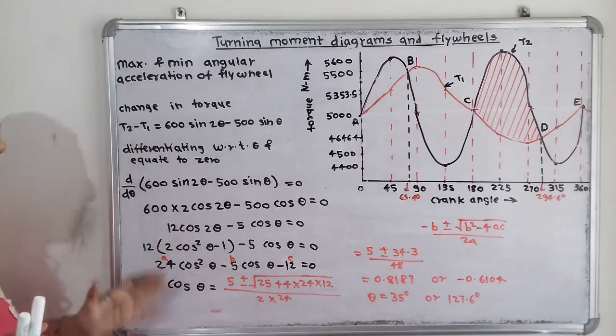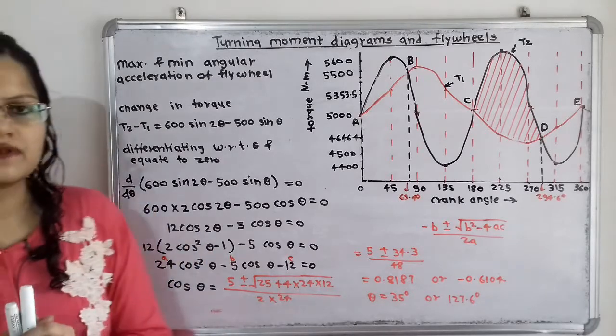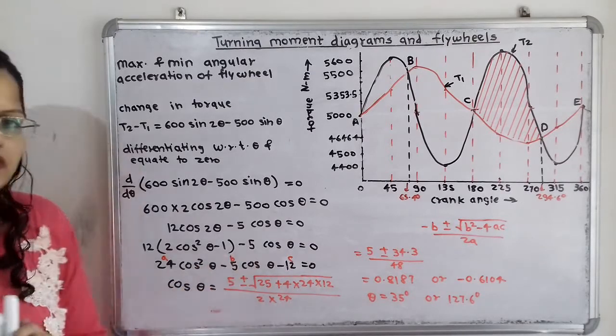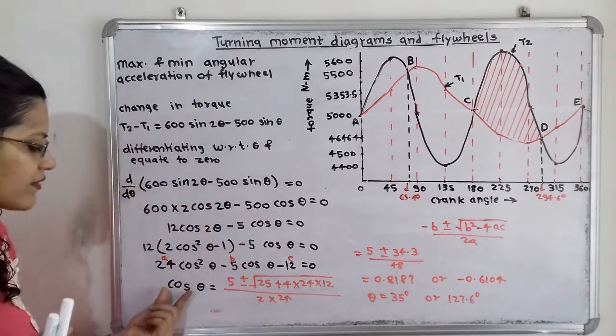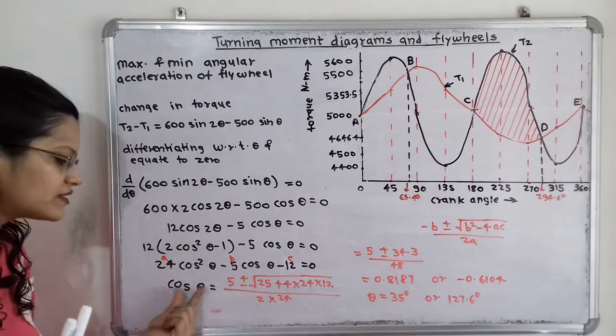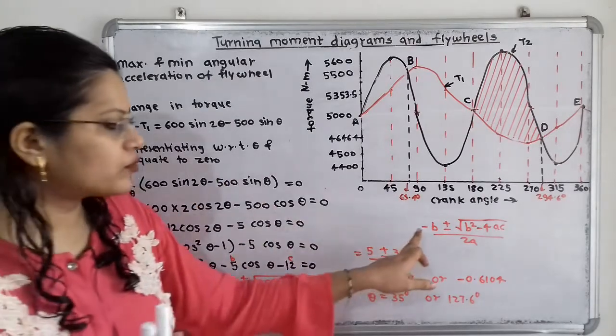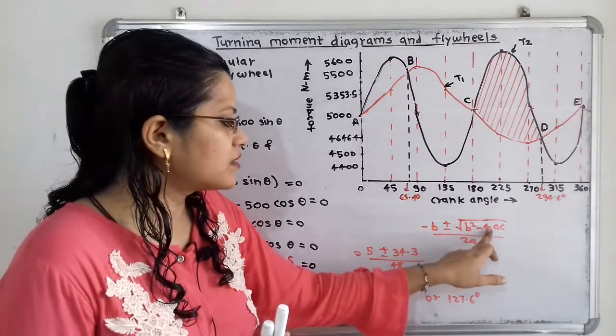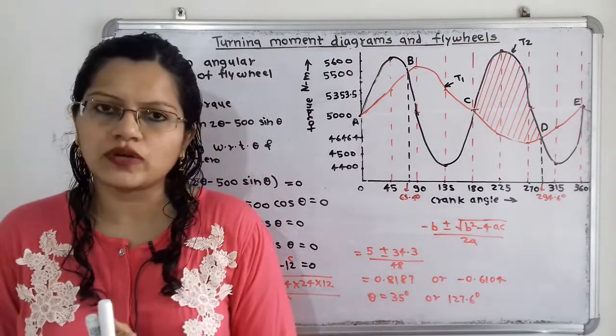So how to get the solution? Here cos²θ and cos θ are there. So we take the value of cos θ equal to the formula: minus b plus minus under root of b² minus 4ac, divided by 2a.